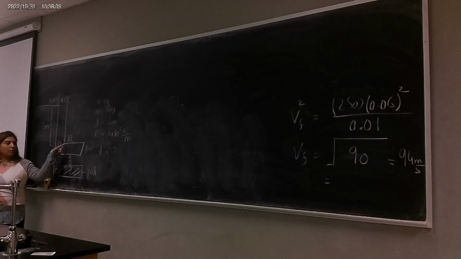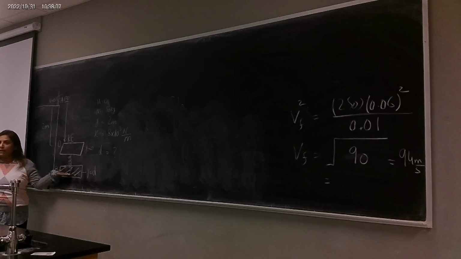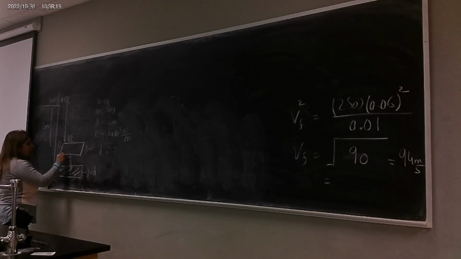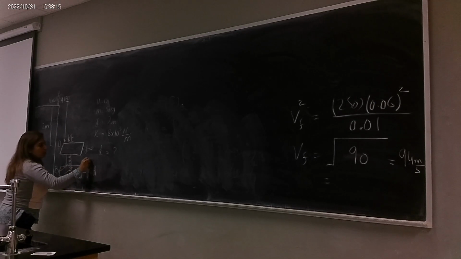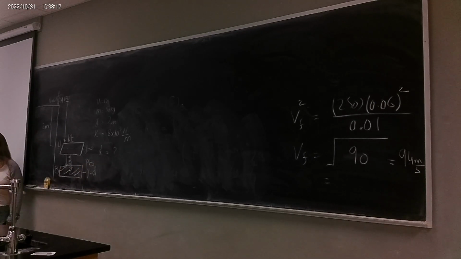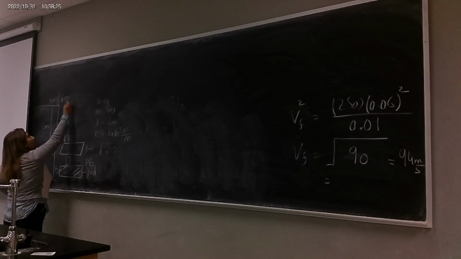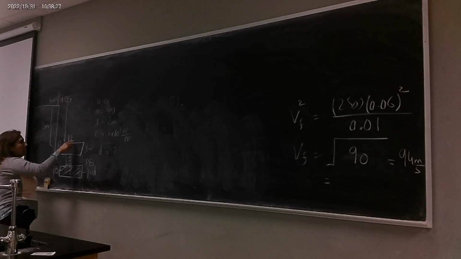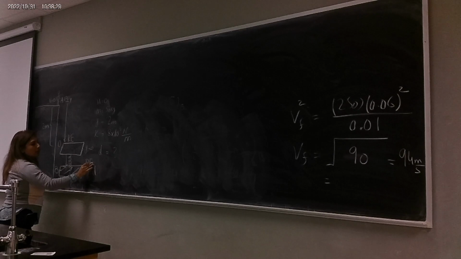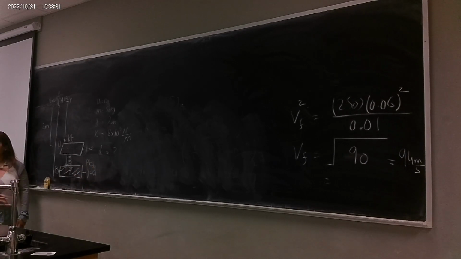When she touches the platform and this spring is compressed, where would all the kinetic energy go? Into the spring, and it will go into the spring potential energy. Correct? So how is this working? Gravitational potential energy going into kinetic energy going into spring potential energy.